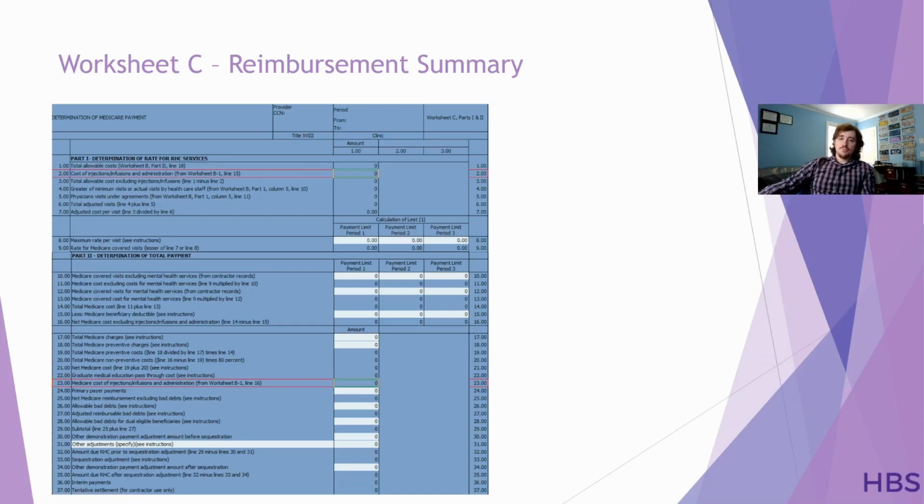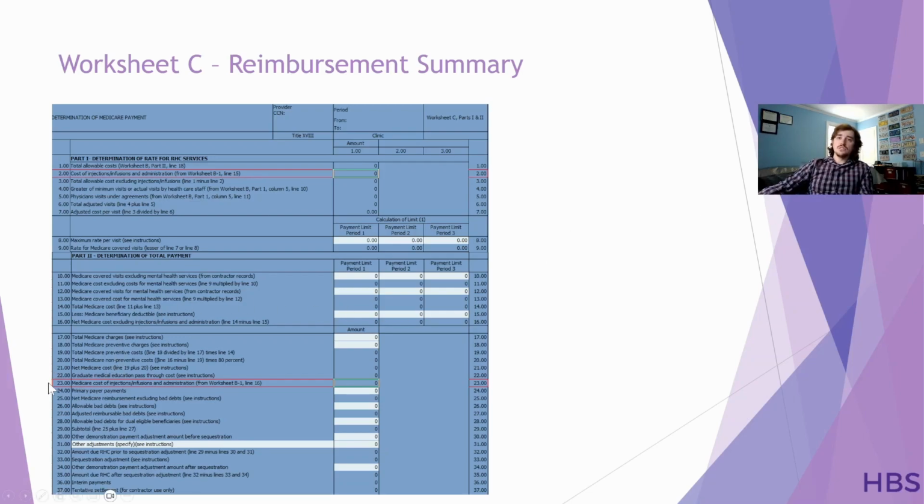Now, as we're talking about this page, I need to note a slight correction to our video about cost per visit. One thing that I forgot to mention is that the costs that are calculated on B-1, the costs that we've been talking about for these vaccines, are actually removed from the allowable cost total before it is used as the numerator in the cost per visit formula. These costs are still reimbursed on the cost report.